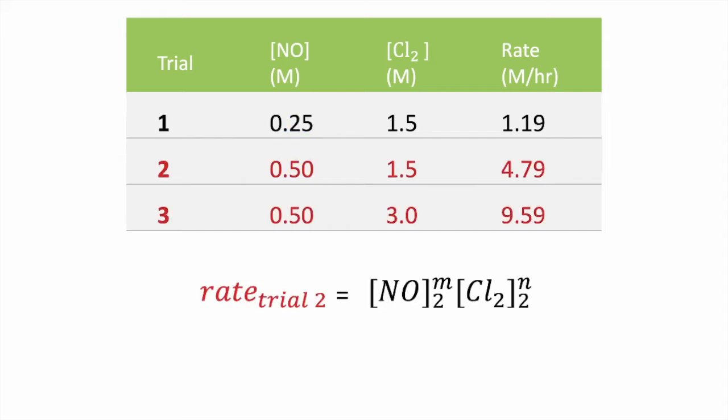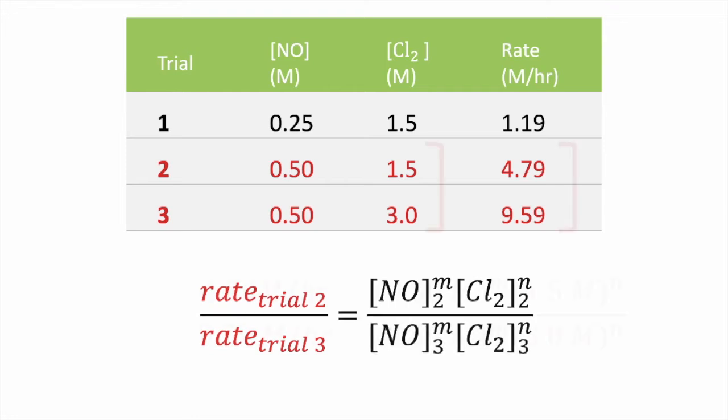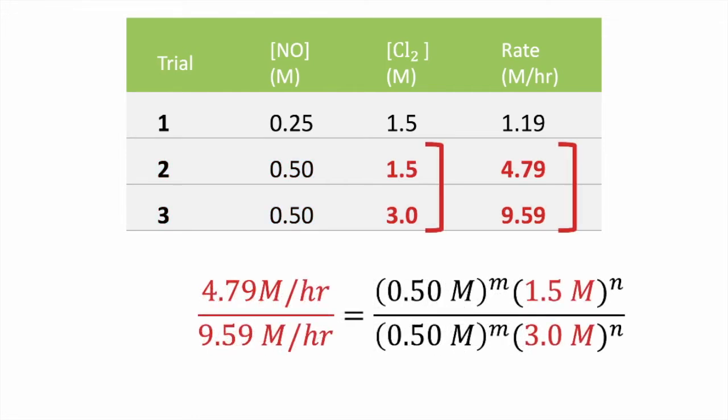We'll do the same thing with trials 2 and 3, where nitrogen monoxide is held constant. We're going to divide the whole rate law for trial 2 over the rate law for trial 3. And we put in our numbers, and since the concentration of nitrogen monoxide doesn't change, those are going to cancel out.